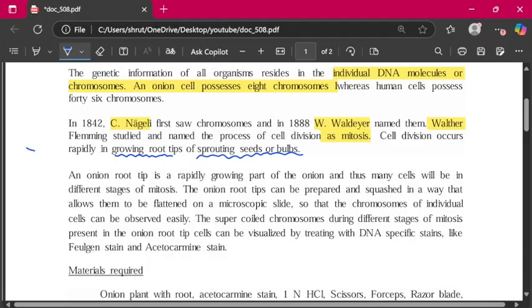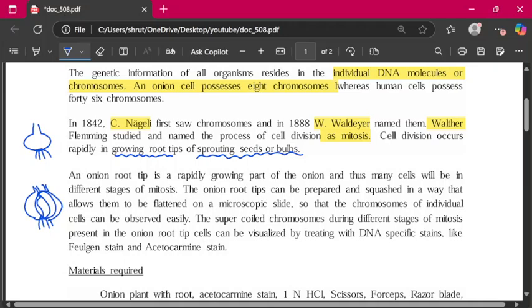So for example, I am taking here an onion, that is Allium cepa, or let's say garlic, that is Allium sativum. So I have taken this Allium sativum, and here this is the Allium cepa.